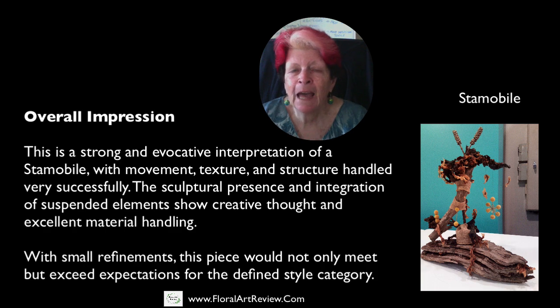I think what adds to this design, what helps me make it a Stamobile, apart from the hanging elements, is choosing plant material that implies movement, so that the seaweed implies movement, whether it evokes a memory for you of the movement of the sea and seeing the seaweed in the sea coming up on the beach, that sort of thing. But there is movement in the form that it takes.